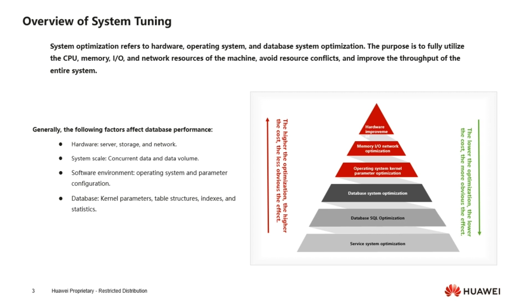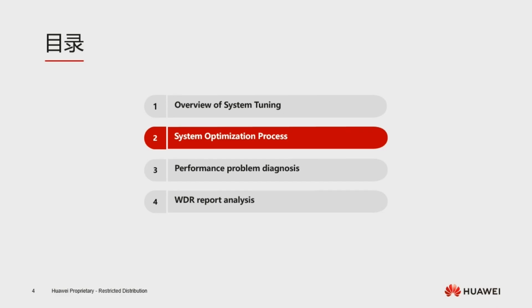Then our optimization work could just focus on the application system, the SQL statements, and the database system itself. But we are not talking about SQL optimization here, since it's in another lesson. We will just focus on system tuning.